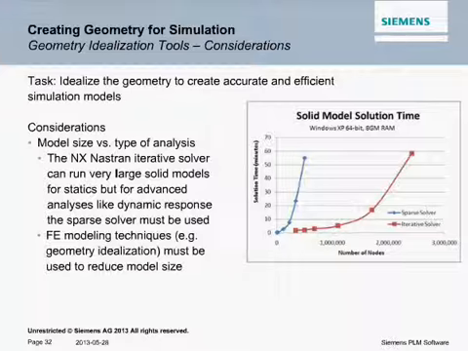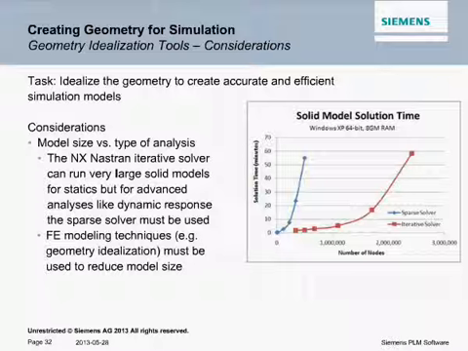And some considerations then, if you look at the chart there, it's model size versus the time for solution. And this is really pertinent to a lot of solvers, but NX Nastran is mentioned in the slide here.